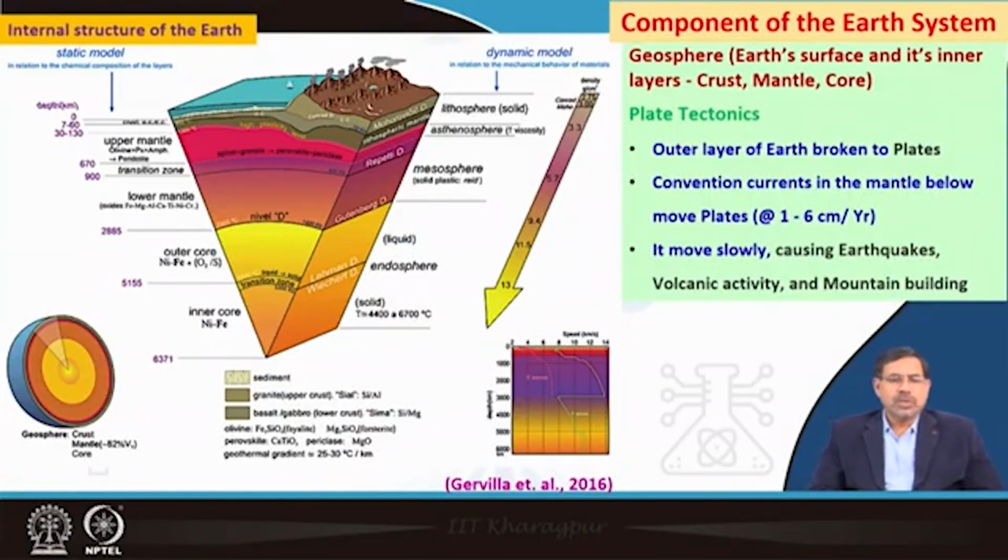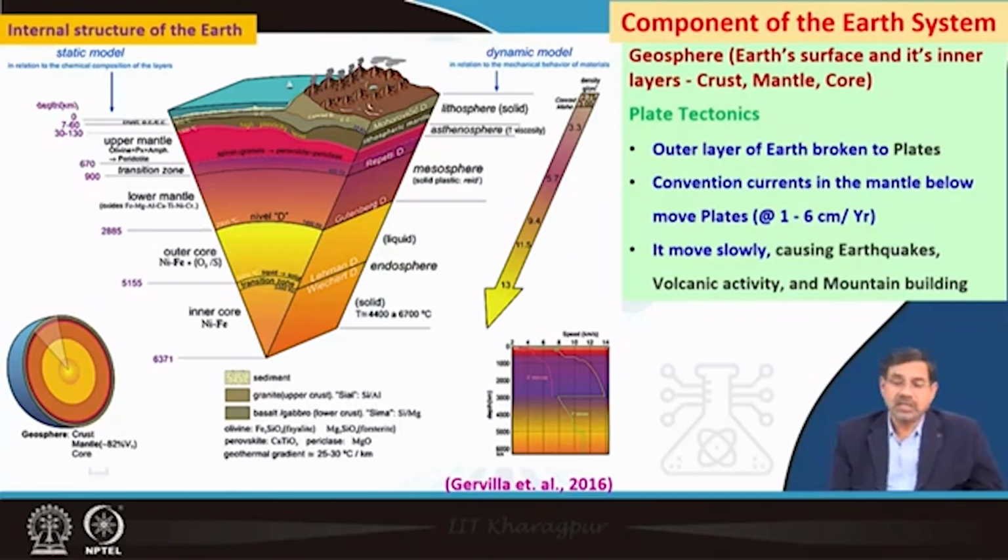Similarly, let us go to the other part, the geo, the earth. A vertical cross section has been shown here. This goes down, as far as the radius is concerned, to 6371 kilometer depth. On the upper side we can see the upper part of the earth surface, which we call the lithosphere, and as we go down, the asthenosphere, the mesosphere, the endosphere, and the solid.